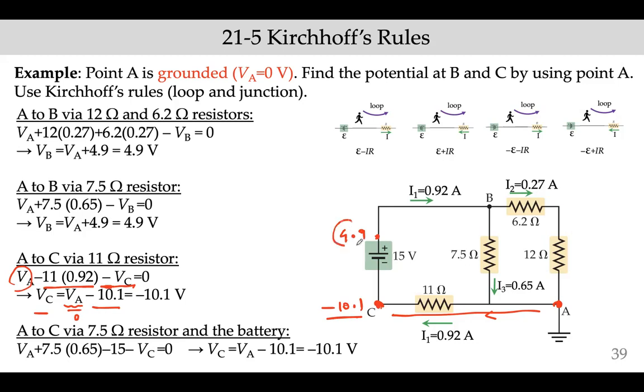By knowing the voltage at the positive terminal and the delta V, 15 volts, the voltage difference between the terminals of the battery, we were able to find that this point should be at a potential of negative 10.1 volts. And here we actually verified it by writing the loop rule between points A and C.